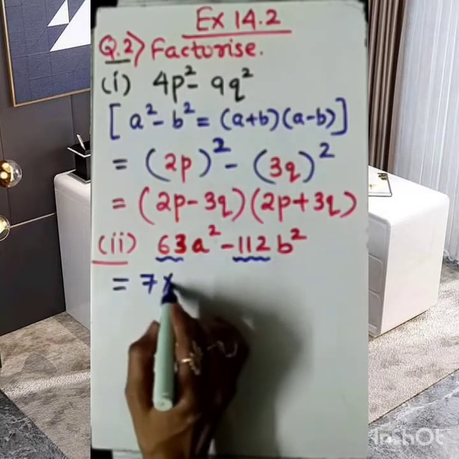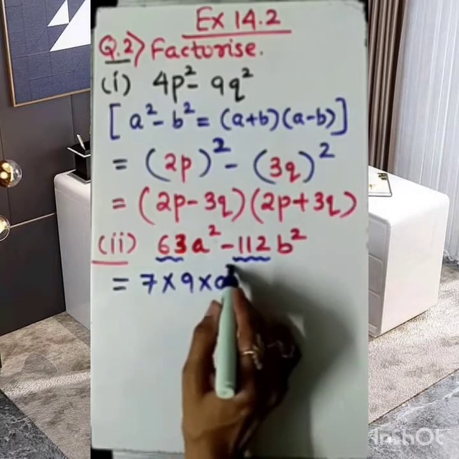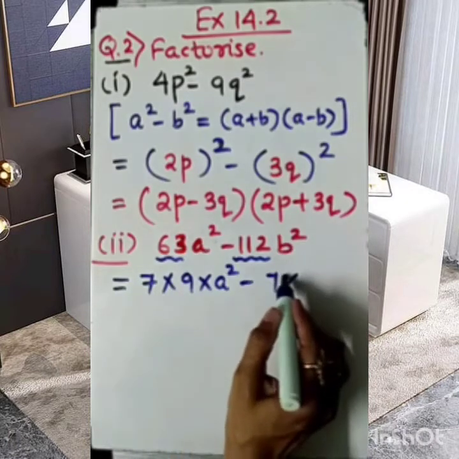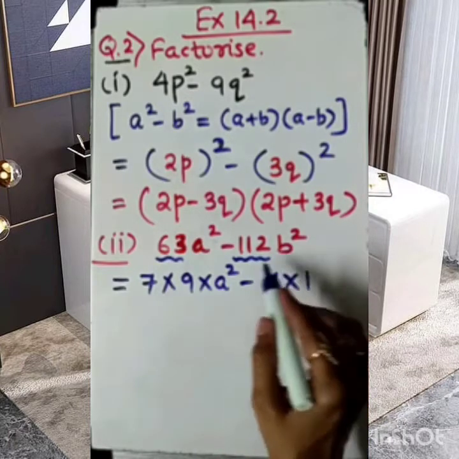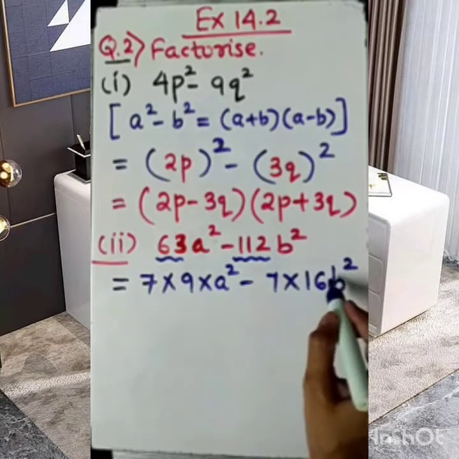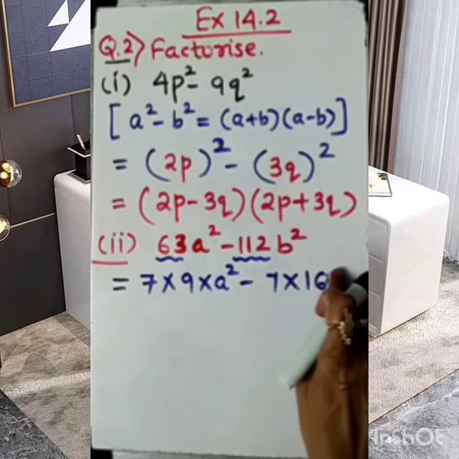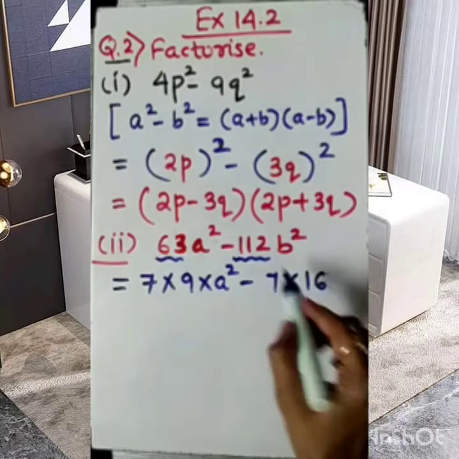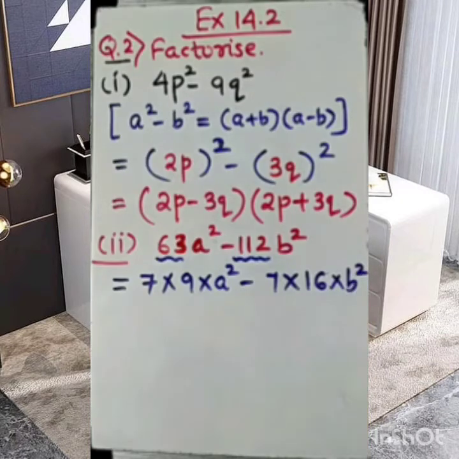Because we know we can write 7 9s are 63. Same way here, we divide it by 7. Then 7 1s are 7, 7 6s are 42. I need to mention here it is 16 into b square. The factors of 112 are 7 into 16 into b square.